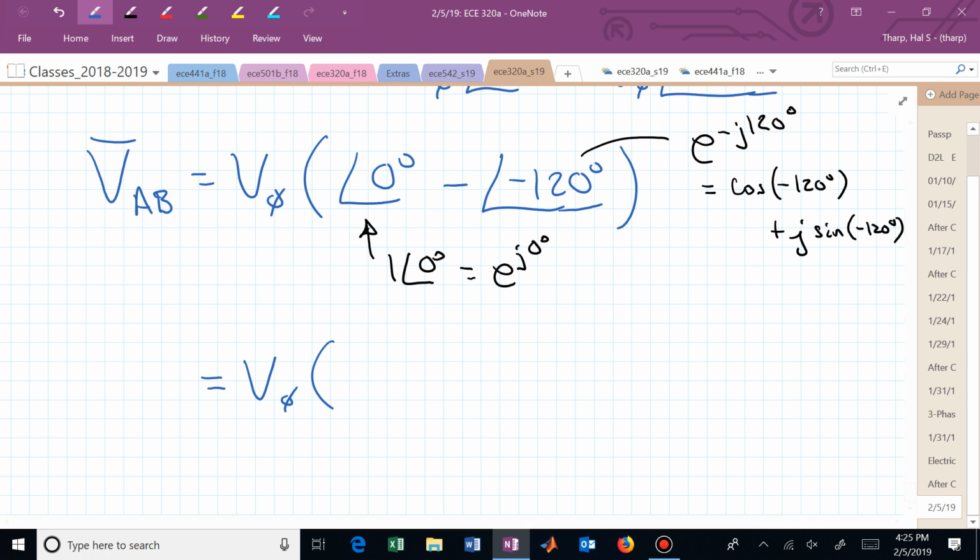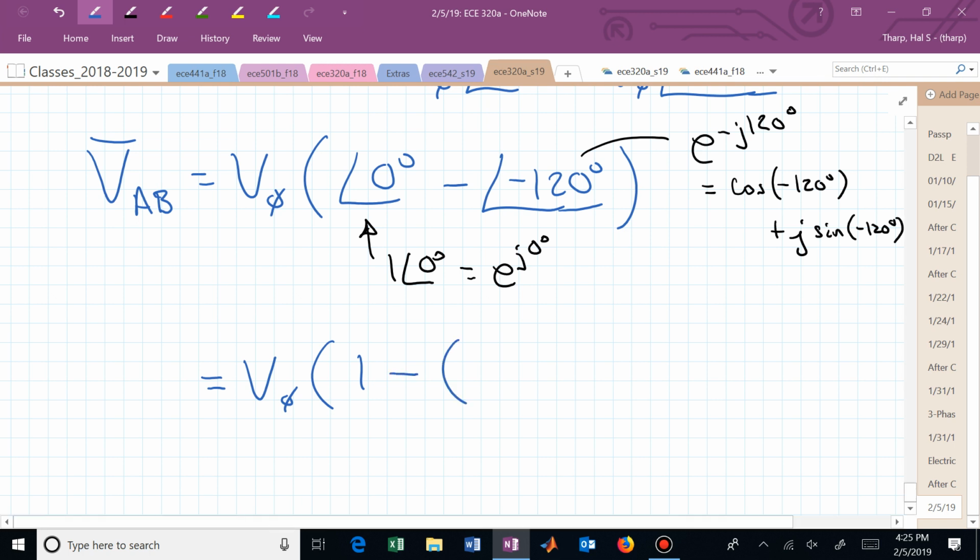But now I know that V sub phi, that's the angle. 1 at 0 degrees, that's just the number 1. That just has the real part. So there's a 1, dropping that down. Then I have minus. Let me just say minus.